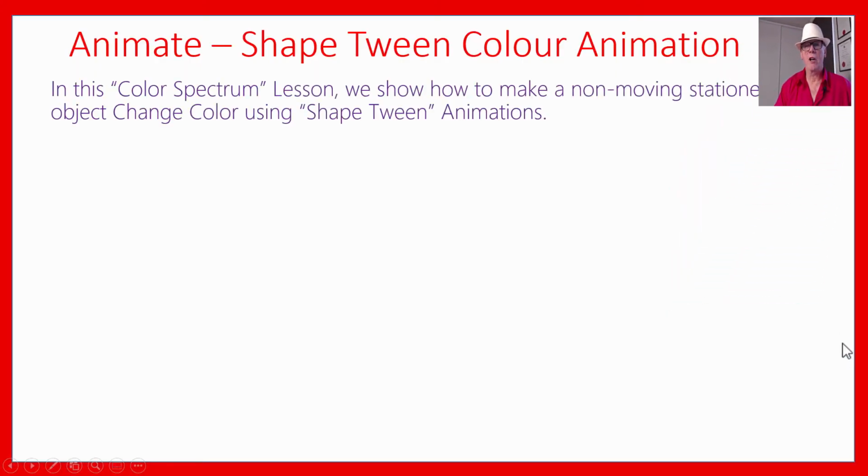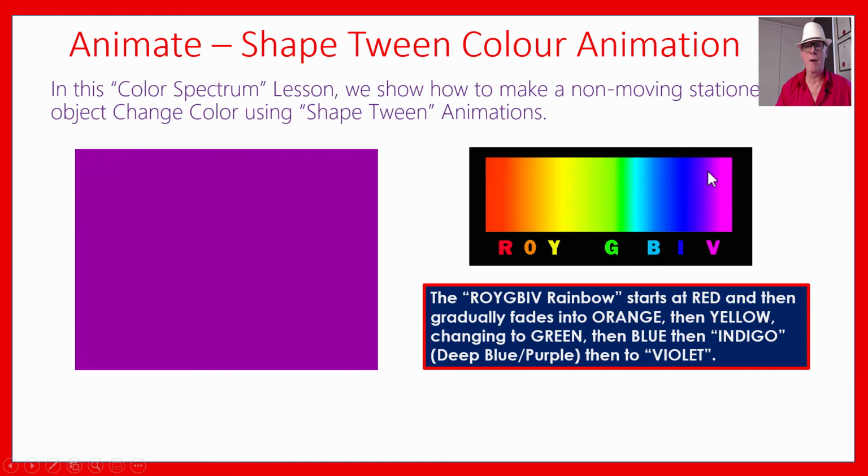All right, so we're going to have something that's not moving in this lesson, and it's going to change color, and we're going to do that using what's called shape tween in Adobe Animate.